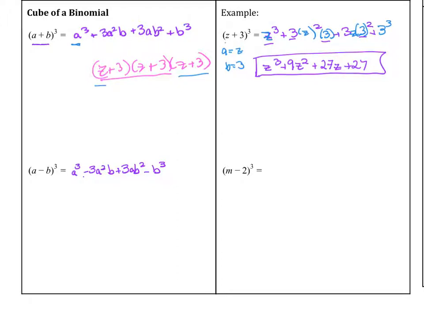Now I'm just going to use this pattern. So m, that's our a value. A is m. And then b, I'll do it in different colors. B is just a 2. So we're going to plug it into this pattern.